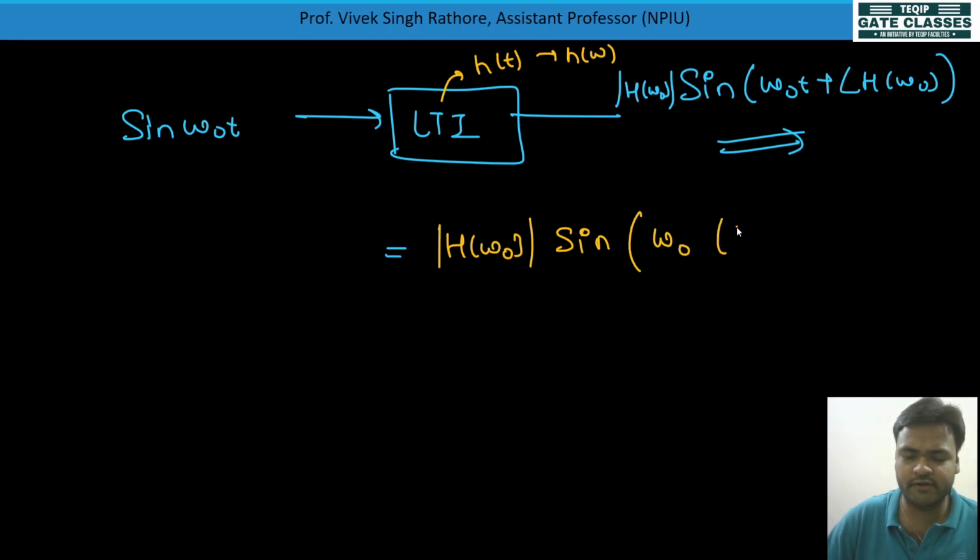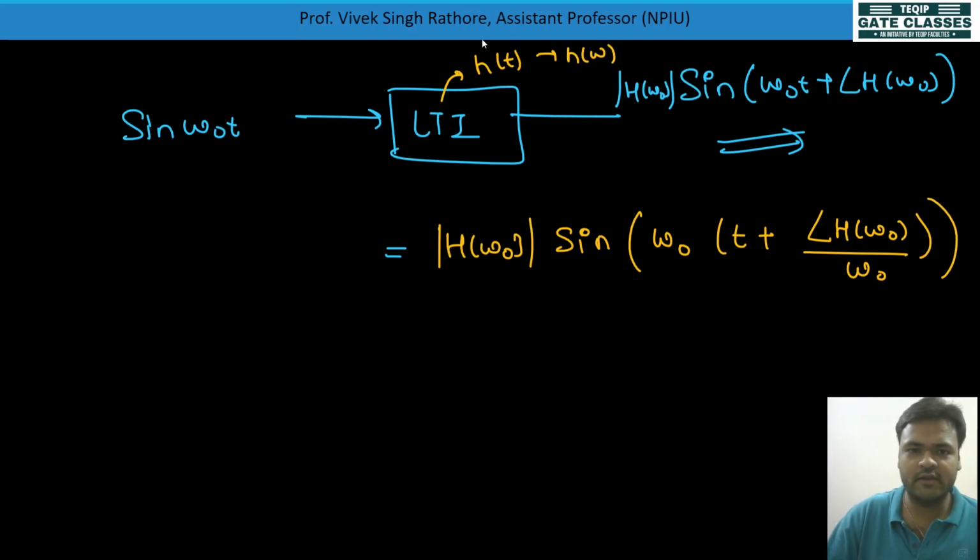So we'll get t plus the phase of H of omega naught by omega naught. This t plus something can be written like this also, as t minus of minus.